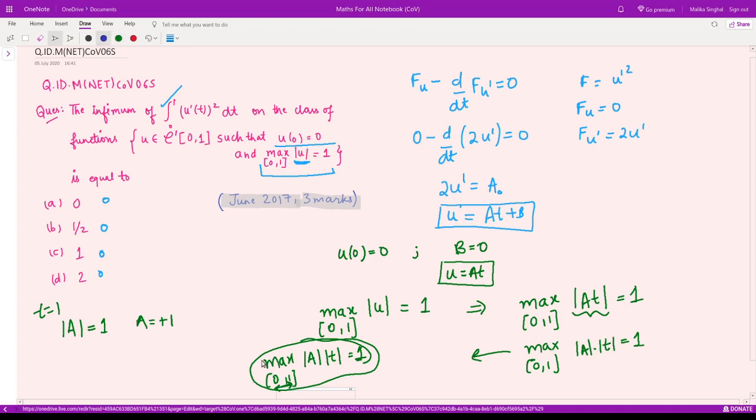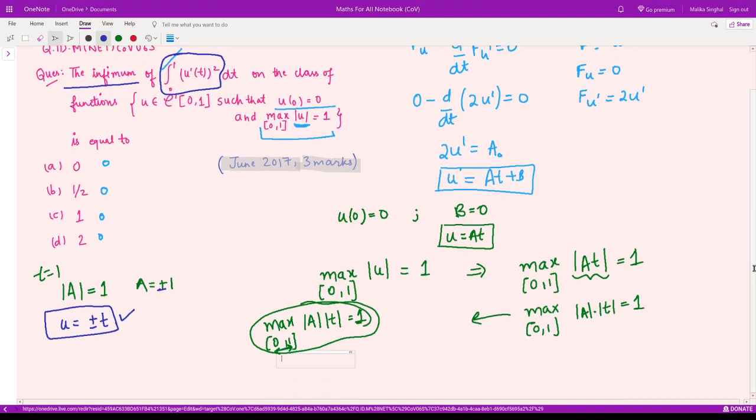So ultimately I have u is equal to plus minus t. This is my extremal. Now they are saying you have to find the infimum of the functional. So that means I have to find the value of this functional for the curve u is equal to plus minus t. So let us do that.